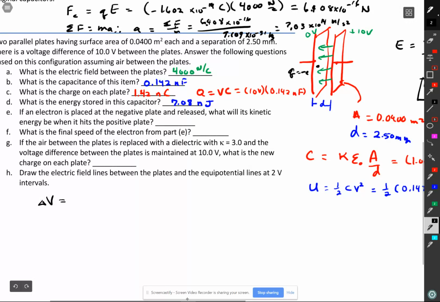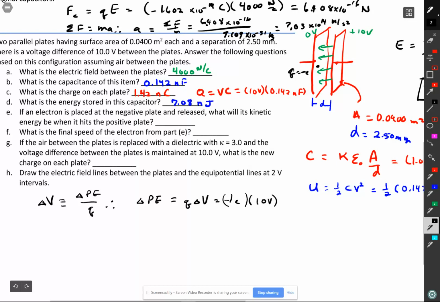delta V is defined as the change in potential energy over charge. So the change in potential energy must be Q times delta V. So that would be 1 electron charge. It's going to be minus because it's a negative charge. I'll just put e without a minus sign there, times the voltage difference of 10 volts.